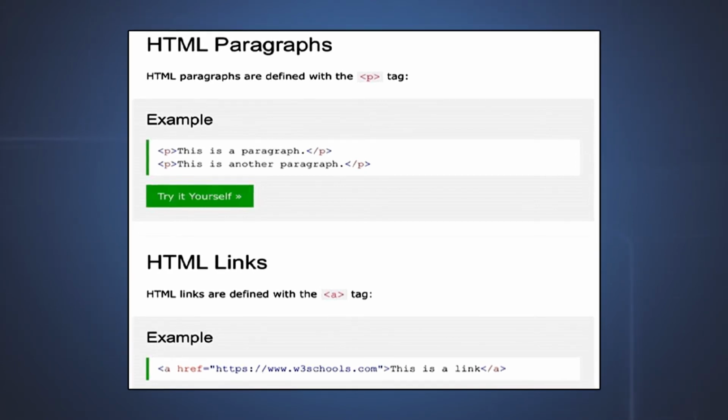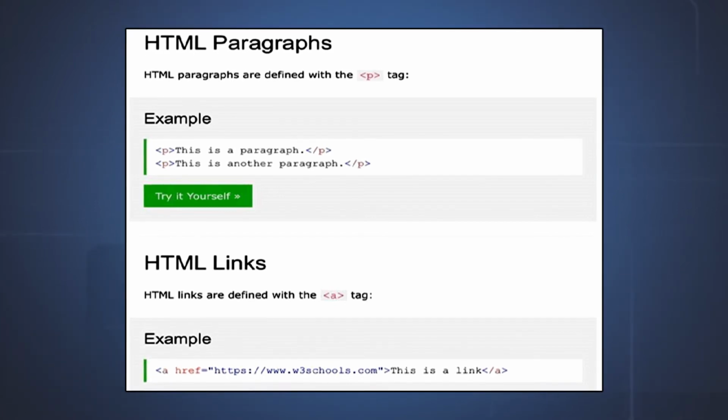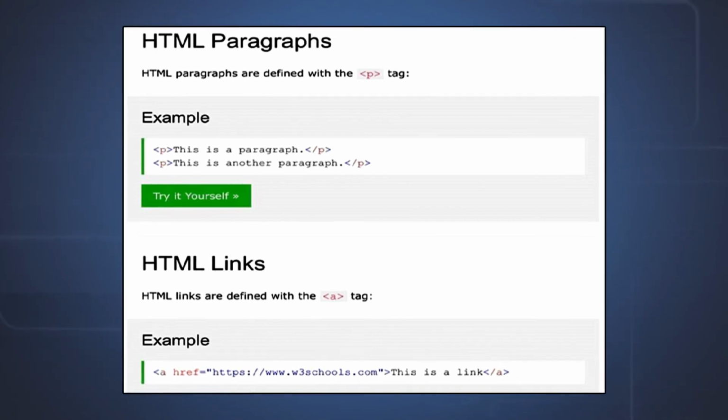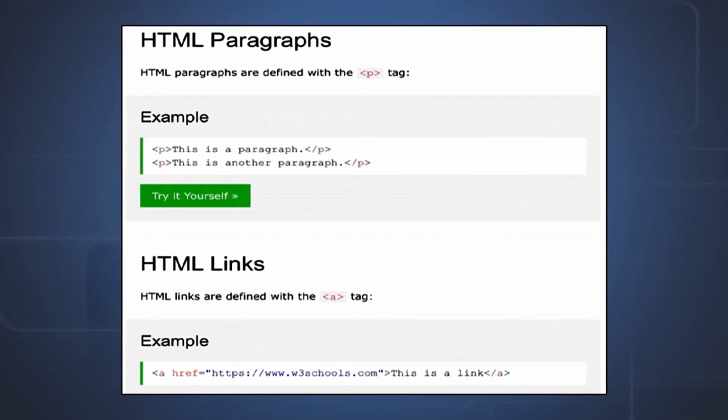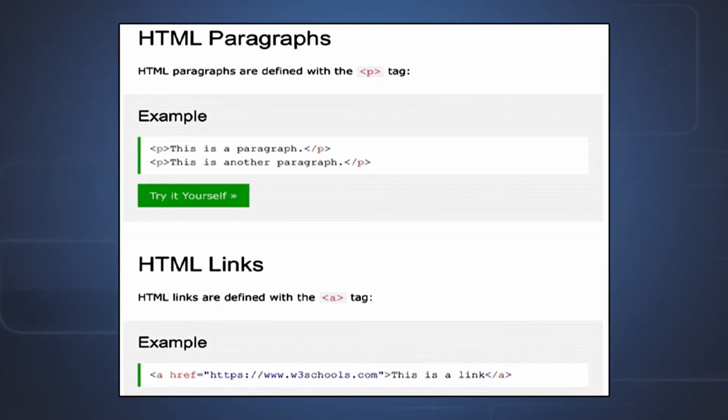A space followed by href. So you start with the left angular bracket, then you type A, give a space and then type href. Href stands for hyperlink reference, and then you set it equal to whatever web page you want to go to, and then close the angular bracket of A. Open the left angular bracket, type A space href equal to, in double quotations a web page link where you want that link to go, and close with a right angular bracket.